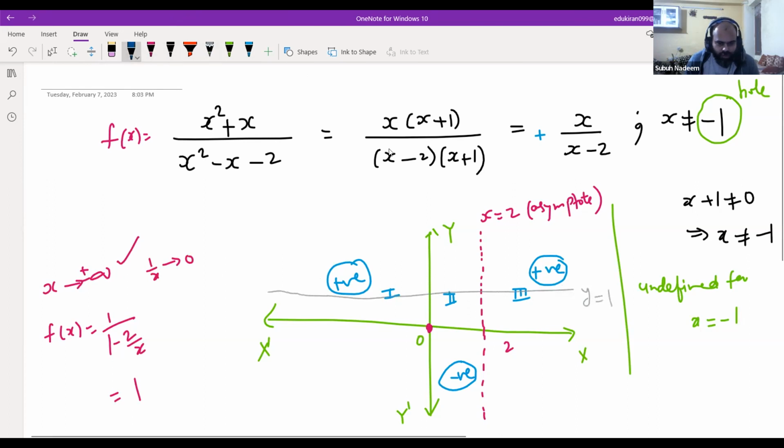Then the graph would be something like this. And here it will be, this is the graph. Like this, and this one is like this.